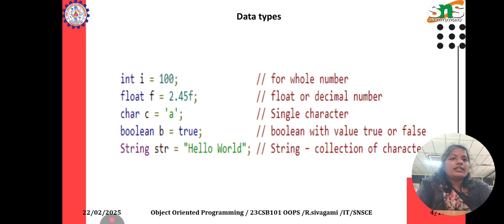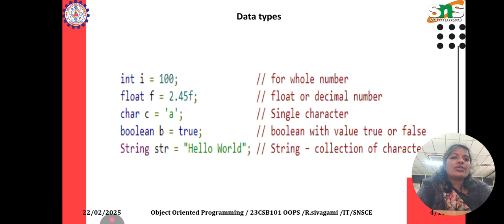Because Java considers all decimal values as the data type double. So if we want our variable to be a float data type, we should put f at the end of the numeric value.